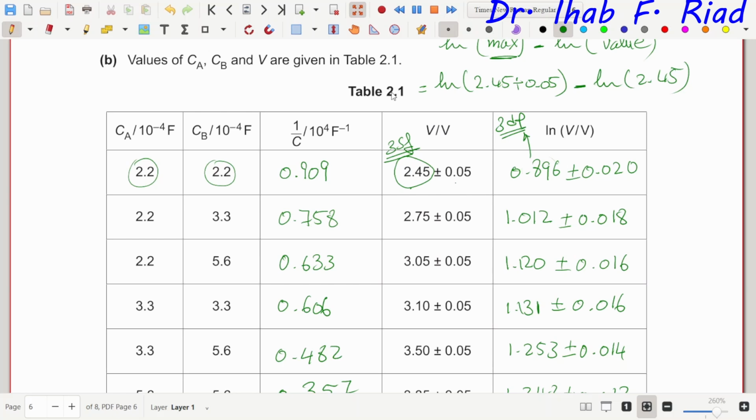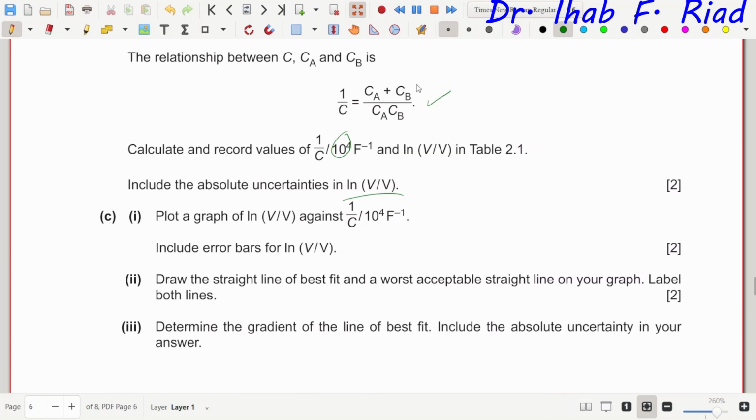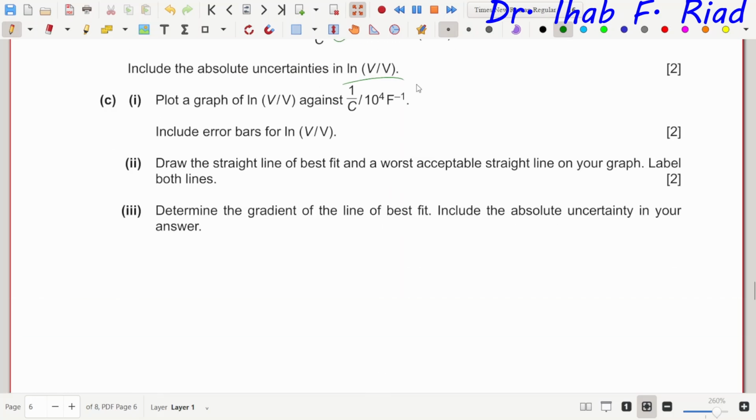If it was a log function, it would be exactly the same. You just use the log function on the calculator. Now we need to make a graph plot.